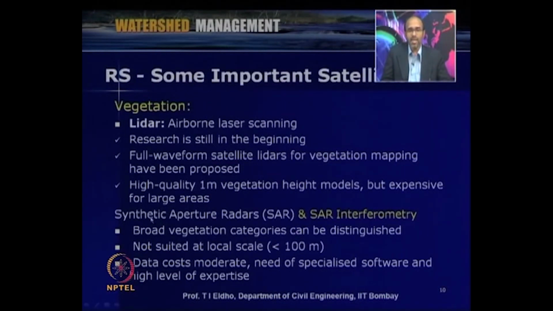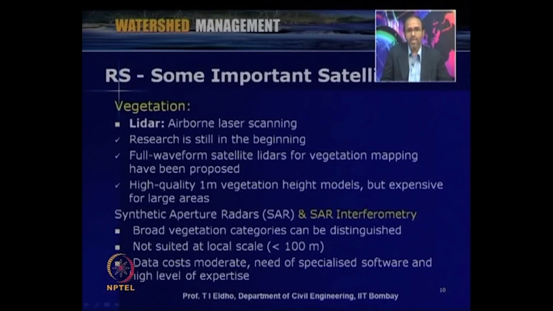Then another series of satellites is SAR data, synthetic aperture radar or SAR system, SAR interferometry. Here broad vegetation categories can be distinguished, but this is not suited for local scale, less than 100 meter.